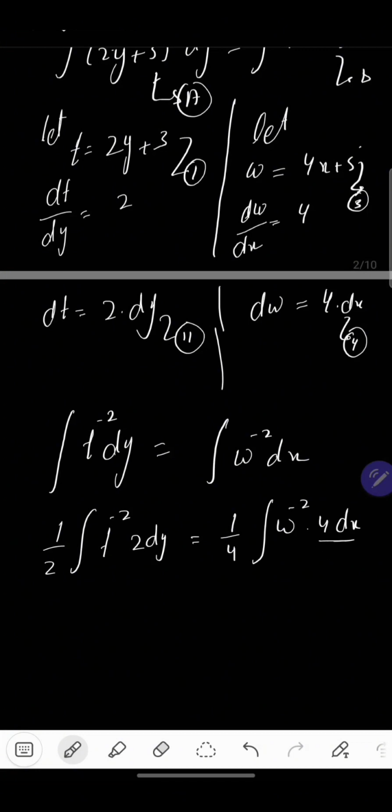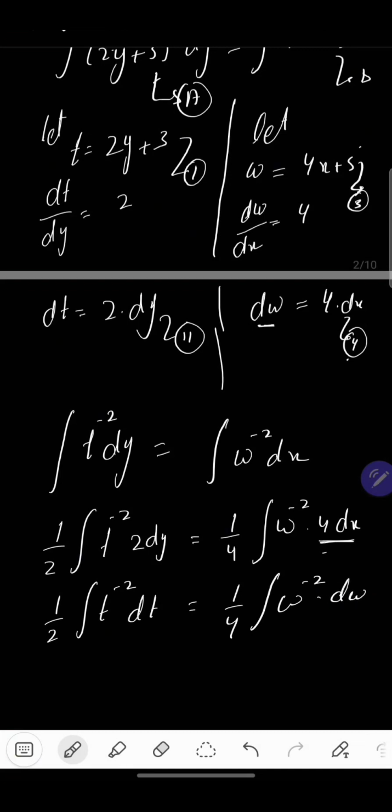Now we replace 4 dx by dw from equation number 4, and we replace 2 dy by dt from equation 2. So we get 1 over 2 integral of t to the power minus 2 dt, and on the right side we get the integral of w to the power minus 2 dw.